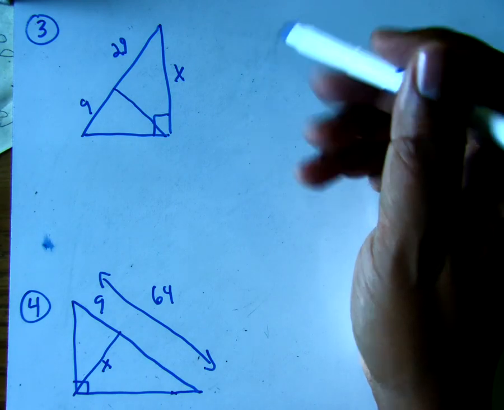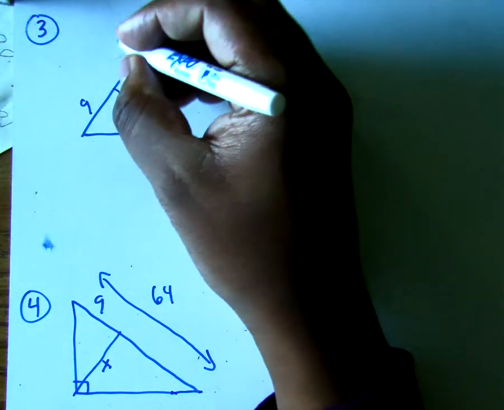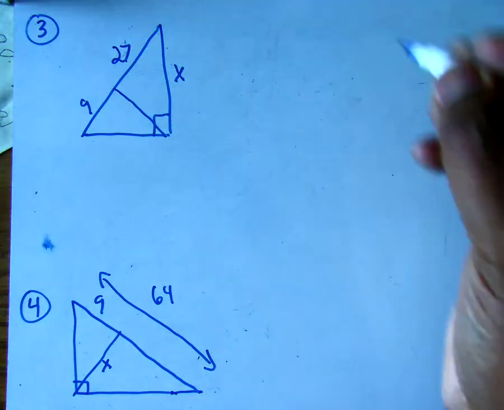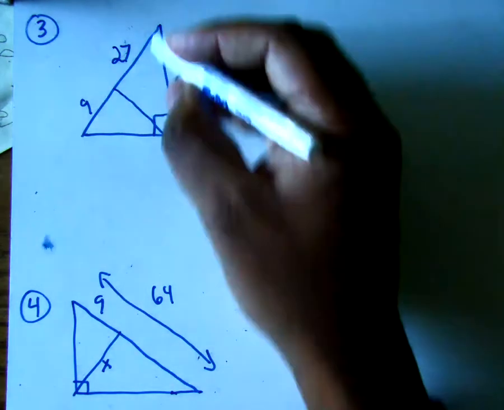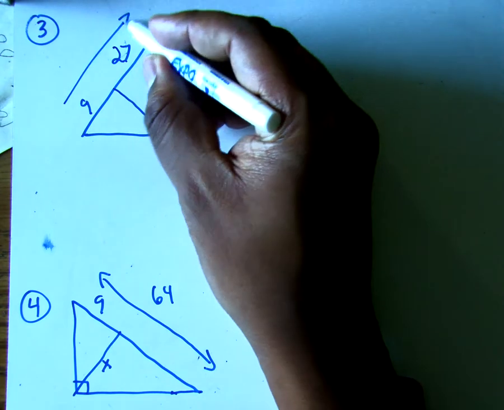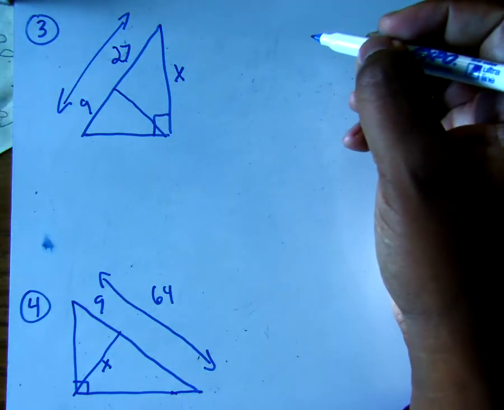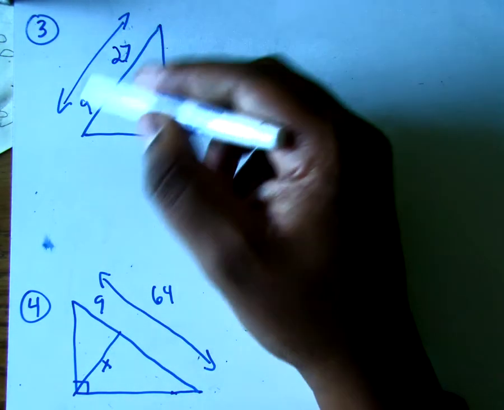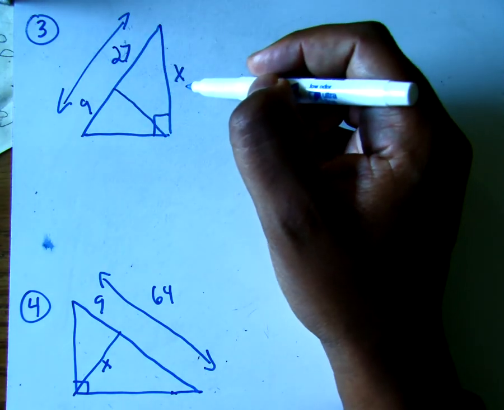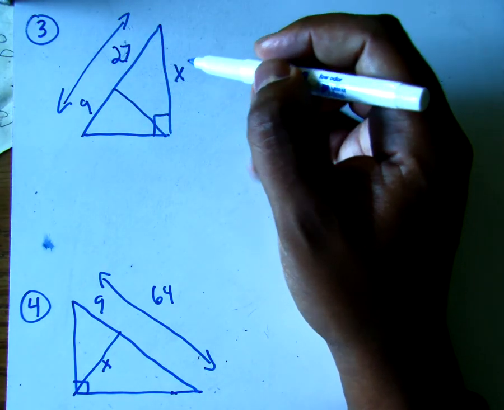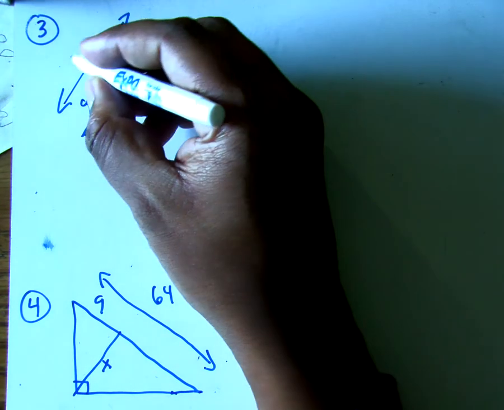This is 27. So I need this whole value here, first thing, because I need to have the whole hypotenuse in order to make this work. So this value is going to be 36.